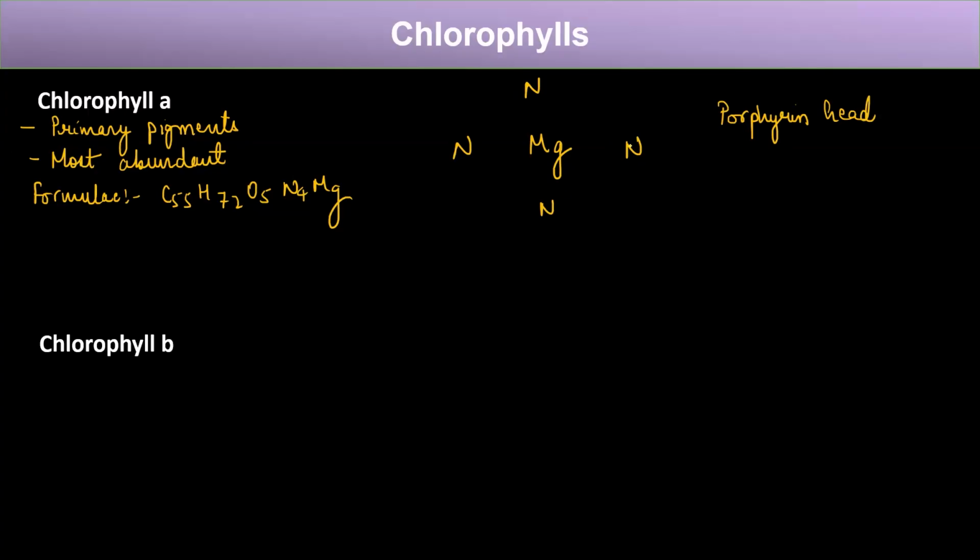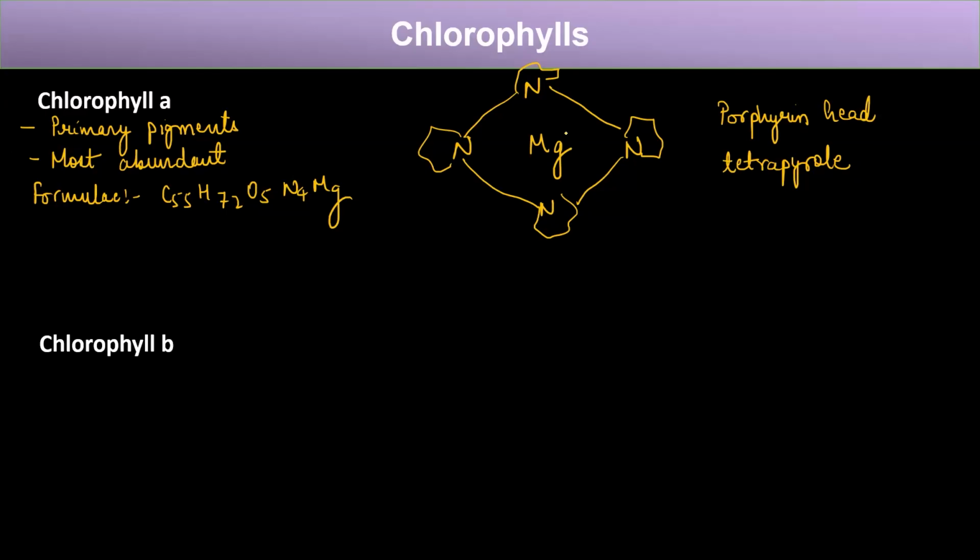This has the first ring, the second ring, third ring, and fourth ring. These are connected to each other like this. And because it has these 4 pyrrole rings, it is also known as tetrapyrrole. So in the porphyrin head, we have a magnesium.